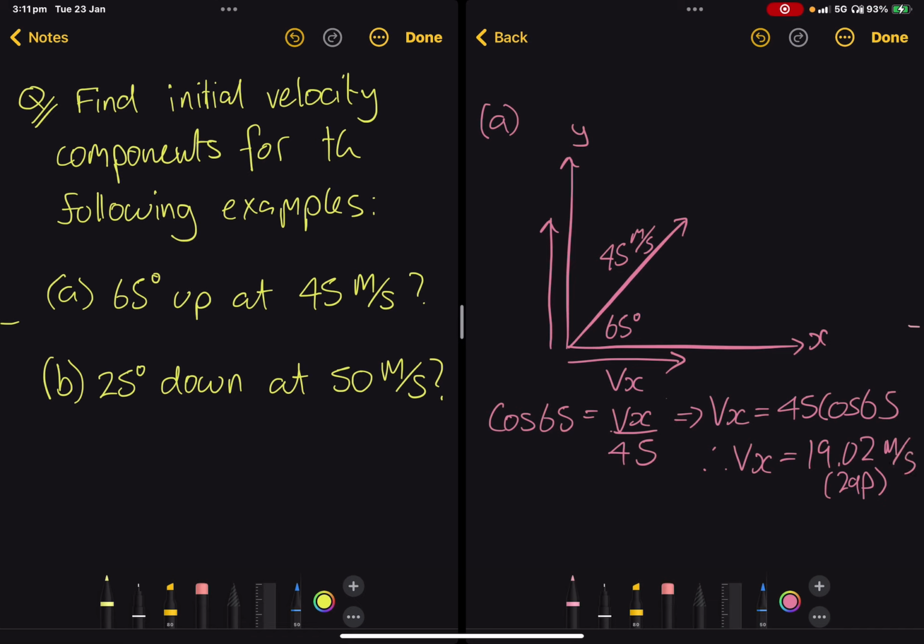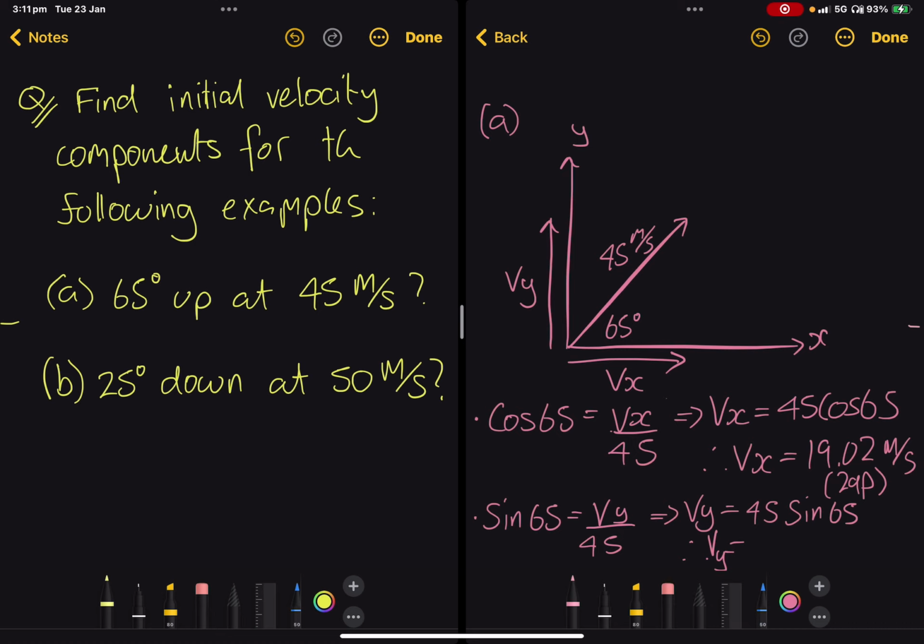And then we want the velocity in y. So this one we'll use sine. We have sine of 65 is equal to the velocity in y over 45. This implies velocity in y is 45 times sine of 65. Again, we're just going to decimal approximate this.